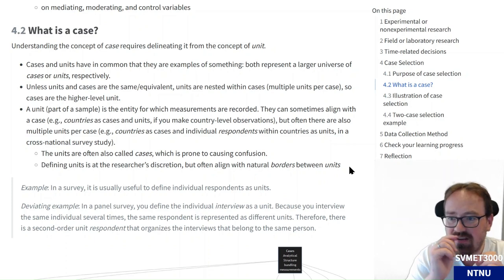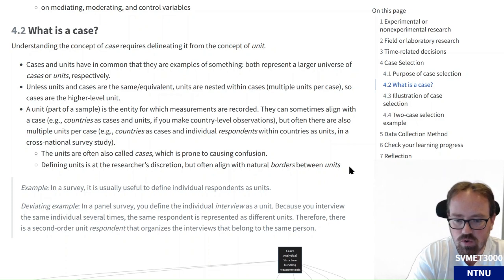I talked about that in another session, what a panel survey is. So you ask the same persons several times at different points in time. So in a panel survey, you don't define the individual respondent as a unit, but the individual interview.